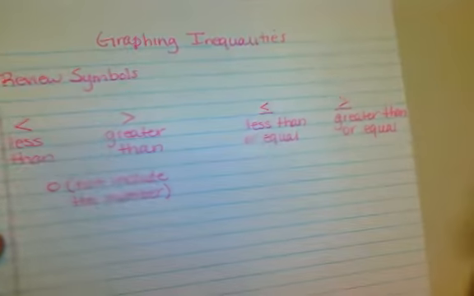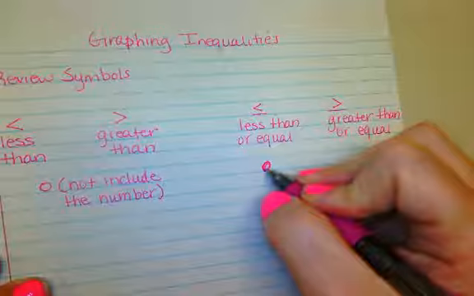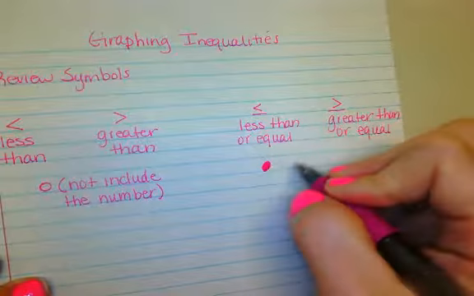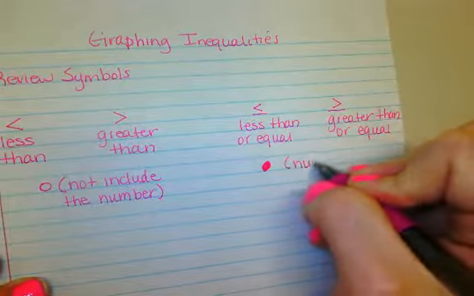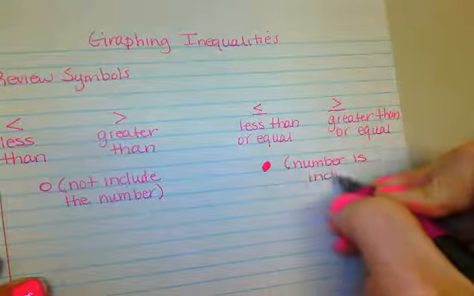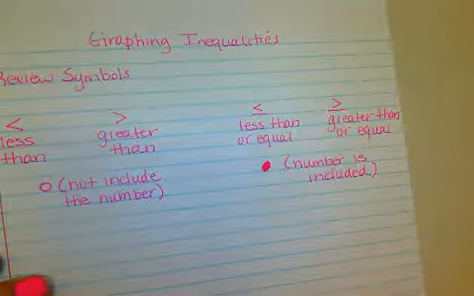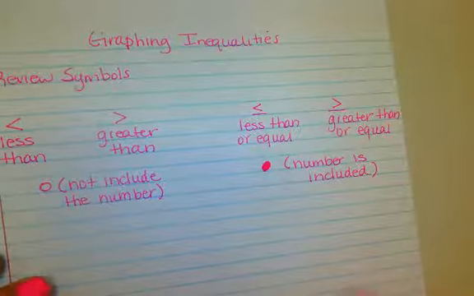And when dealing with these two symbols, we are going to have a closed circle and the number is included. For example, if x is less than or equal to 3, it would include all numbers 3 and below.